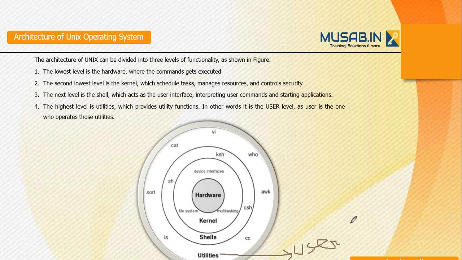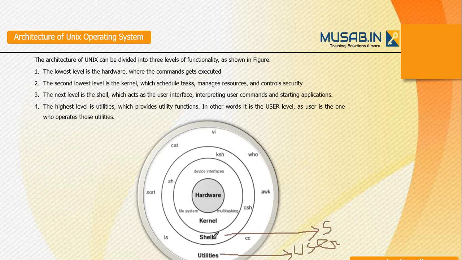Now these commands need to be run on something called shell. So the topmost level is user. That's the reason we call this user also end user. Why end user? Because it is sitting at the end of this architecture. So we call it generally as end user.